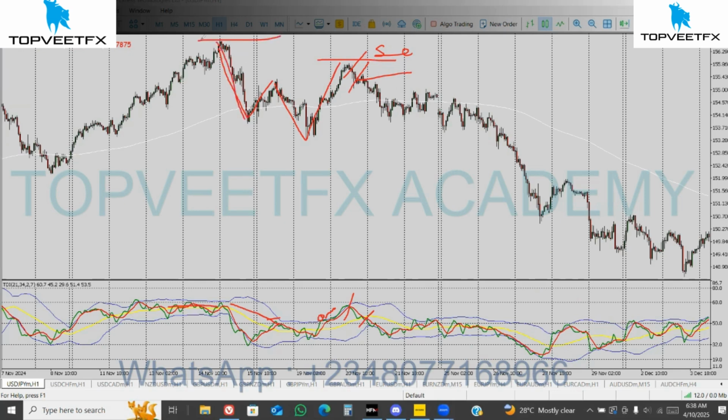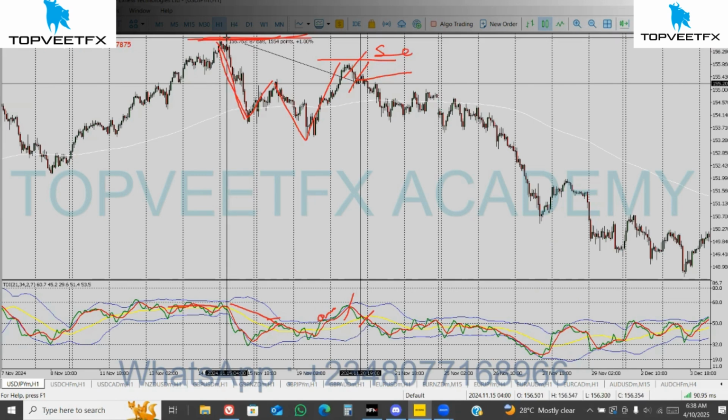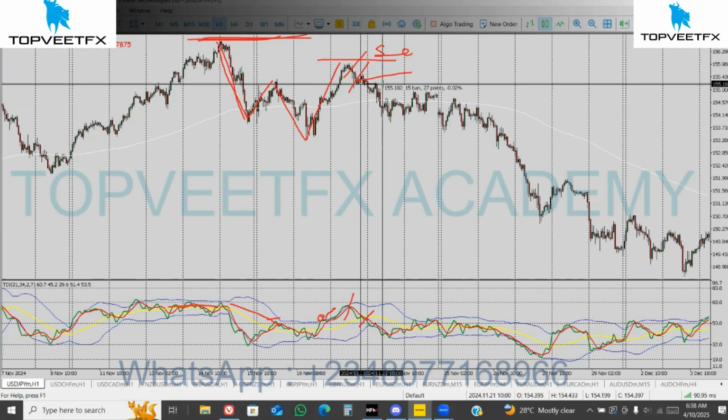You can measure it. If this is 77 and the second one is 154, you can always go for 1:2, or 1:1.5 is also good for you to pick the trade.